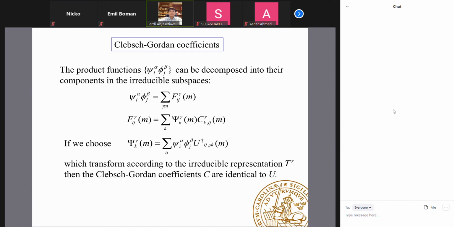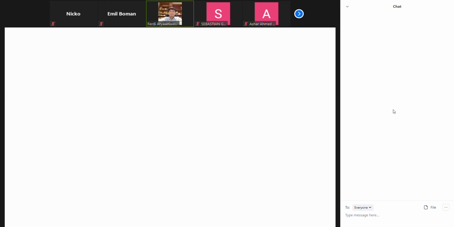So let's go back here. In the case of angular momentum, we have M1. I'm trying to illustrate this with what we know from quantum mechanics. So we just write it like this. This is the same as J1, M1 cross J2, M2.